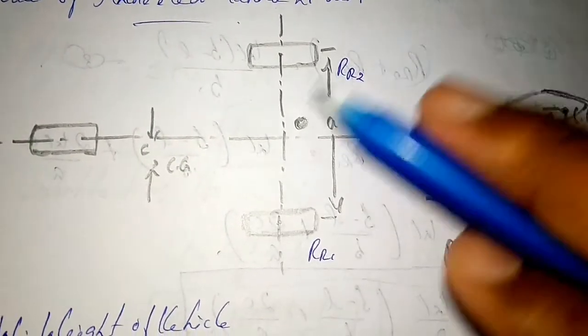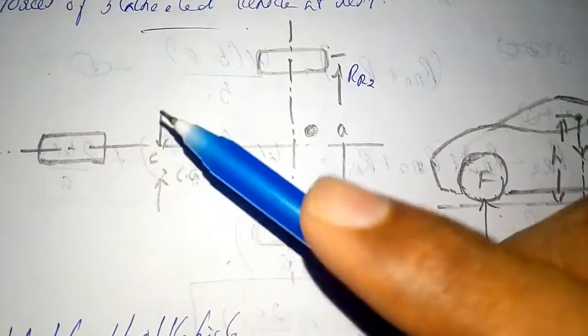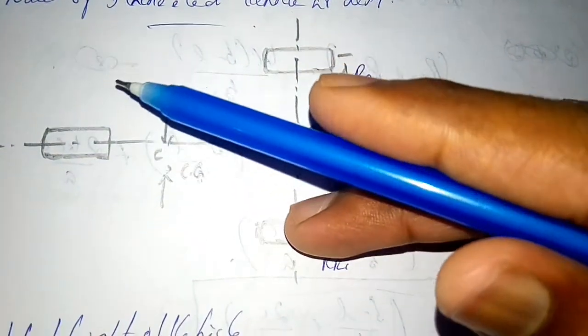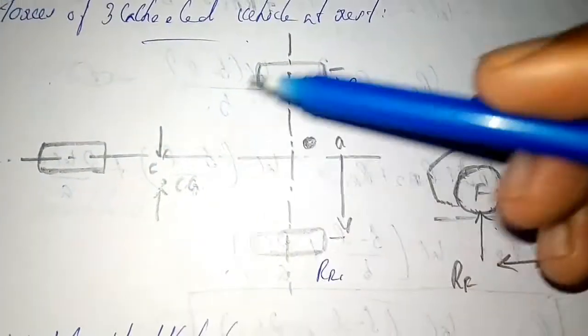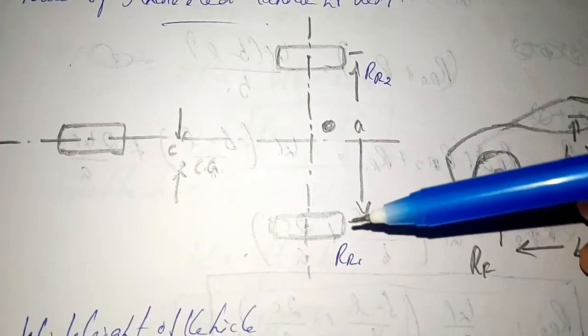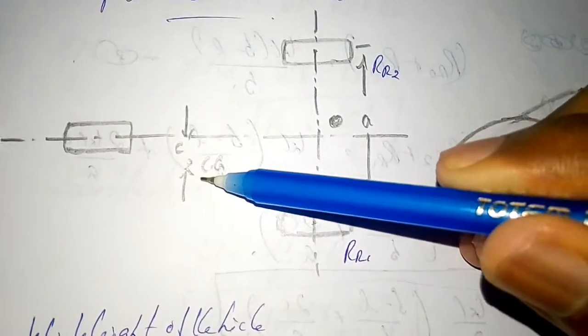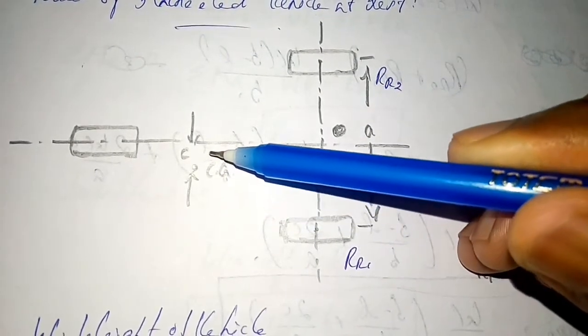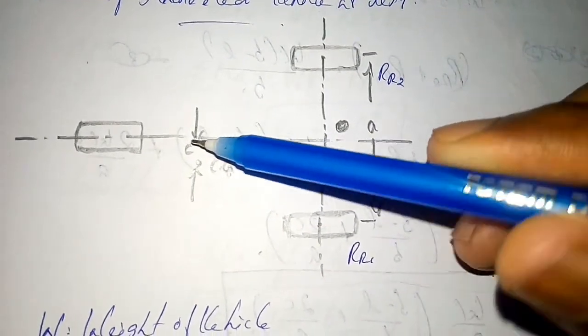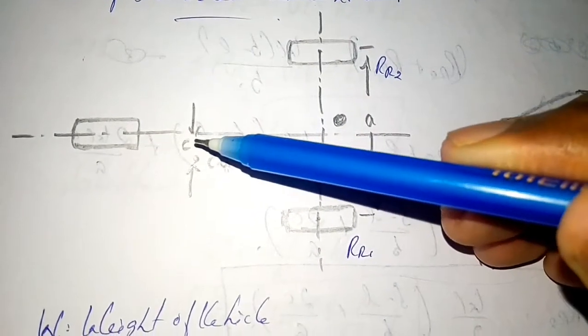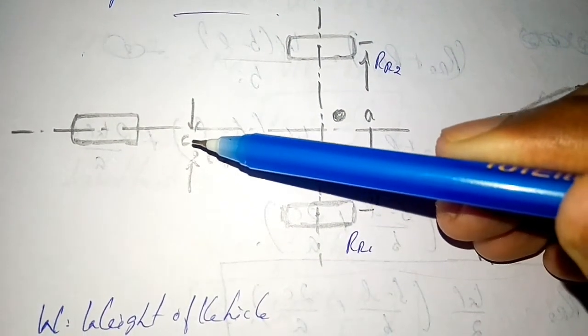This figure shows a three-wheeled vehicle. This is the front side, so the front axle will be here, and this is the rear axle with both rear wheels. You can see that CG represents the center of gravity, and the center of gravity is shifted from the longitudinal axis by an amount c.